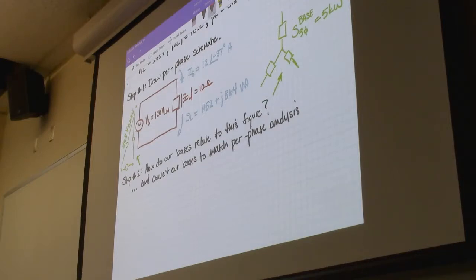So we'll calculate our voltage line to neutral base. And that will be equal to what?